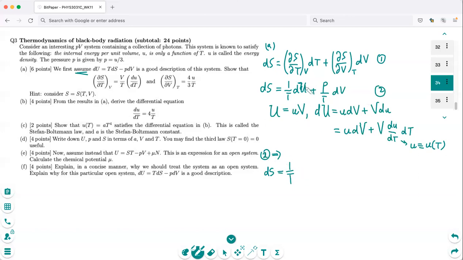I will have dS equals 1 over T dU, where dU is this thing: u dV plus V du/dT dT, plus P over T dV.